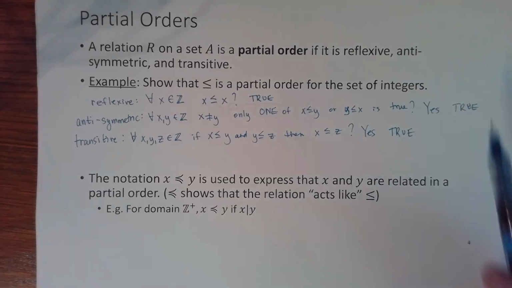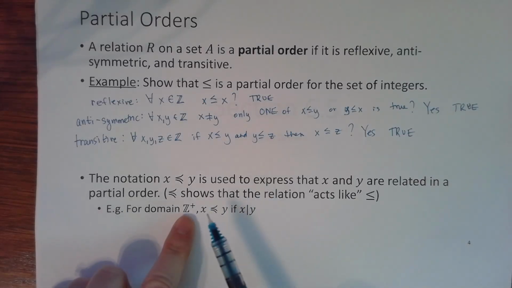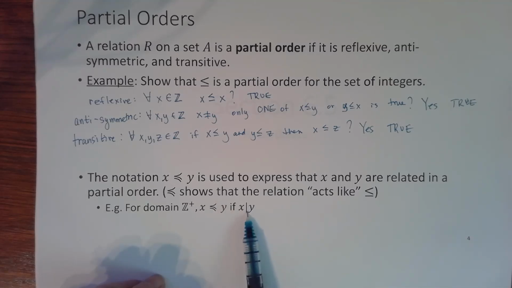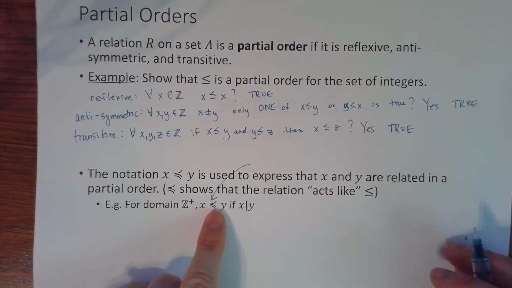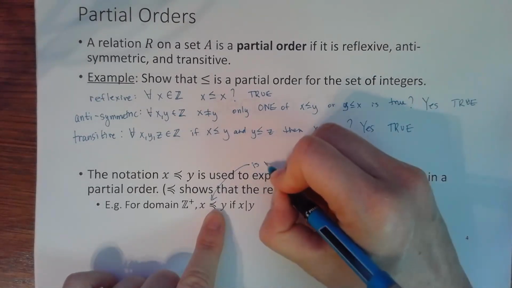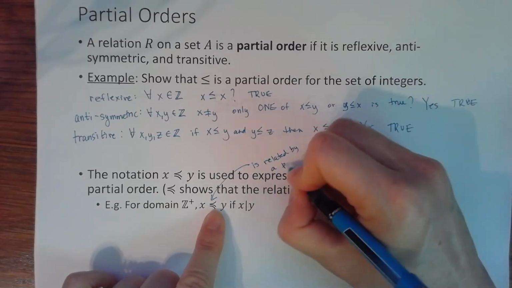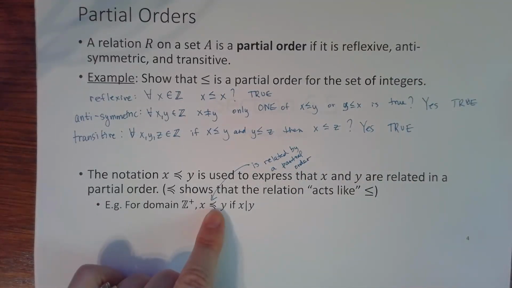So for example, let's say we had the domain of the positive integers, and we say that x is related to y if x divides y. In previous sections we wrote x R y with a capital R, but notice, instead of putting an R here, we're putting this curvy less than or equal to to tell us that x is related by a partial order. So that special symbol specifically tells us that it's a partial order.